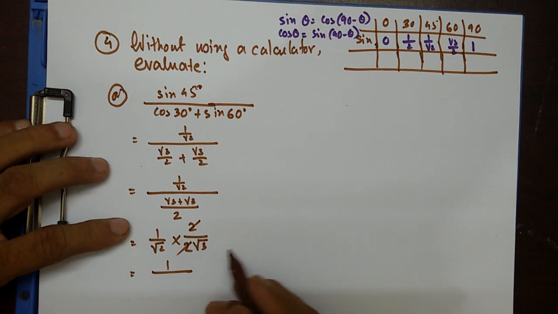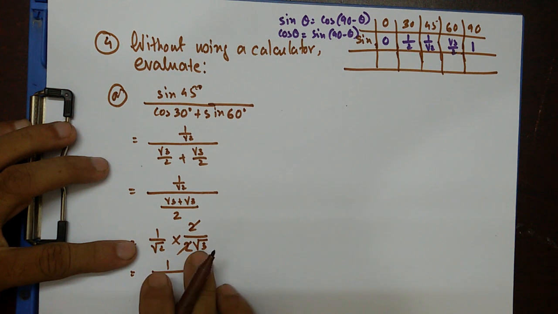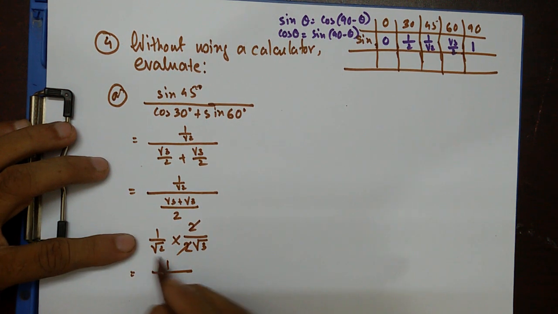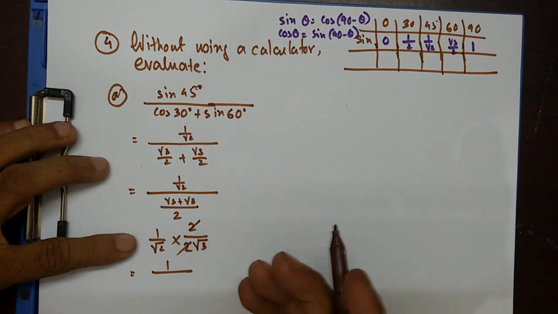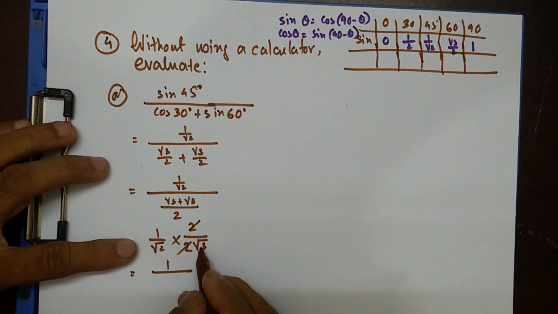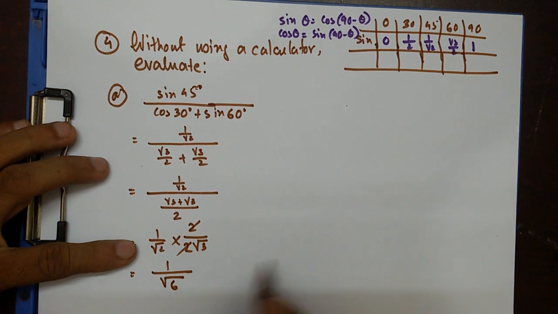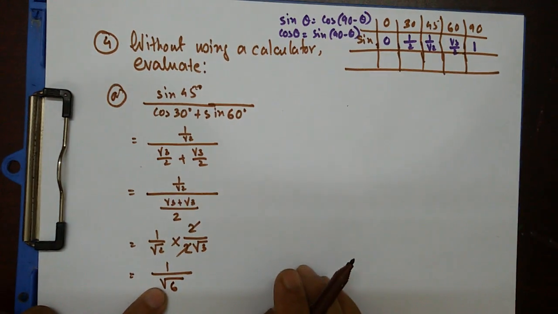You remember the surds formula. If the bases are different and the powers are the same, we can take the power common. Over here the power is half, so it's going to be square root 6. 2 times 3 is 6. You can keep it in this way.